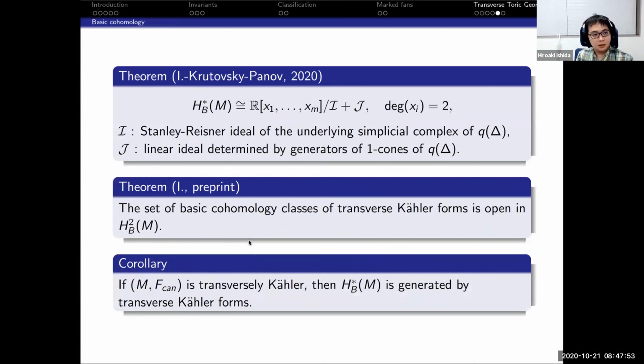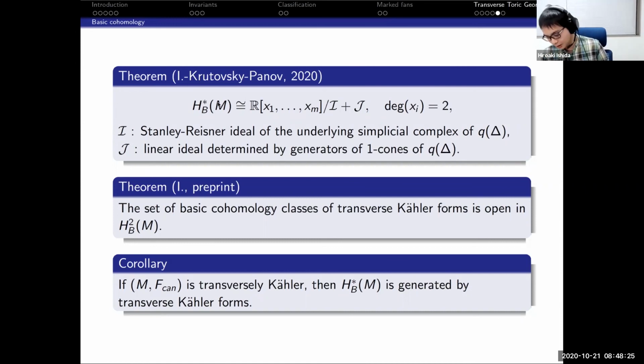So here is another theorem. I do not explain the detail. Maybe Roman will talk about this in his talk. Actually, not only the additive structure but also the multiplicative structure of the basic cohomology group, the basic cohomology algebra, can be described by the corresponding marked fan.